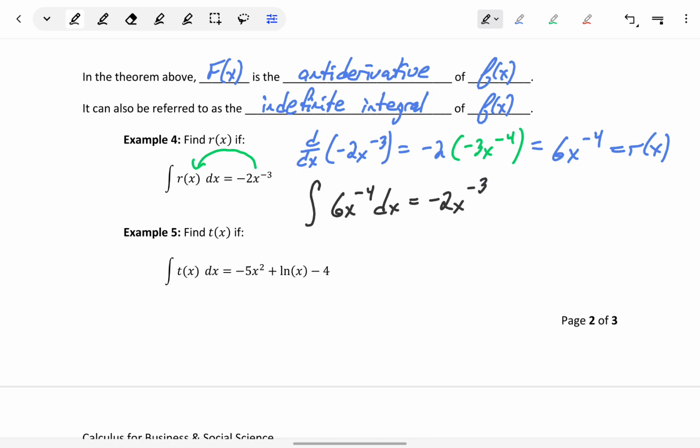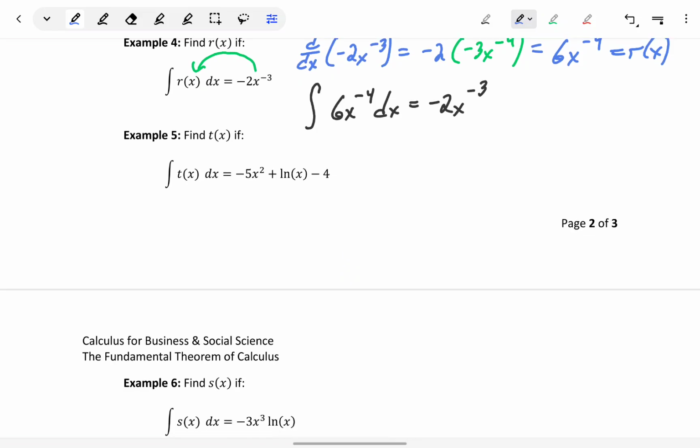We're going to build up to that process, how we can work those indefinite integral problems. But for now, we're still just going to work on, given that indefinite integral, finding the original function we would have been integrating. So to do that in example 5, we'll take d over dx of negative 5x squared plus the natural log of x plus 4, which would give us negative 5 times 2x plus 1 over x plus 0, just as a placeholder.